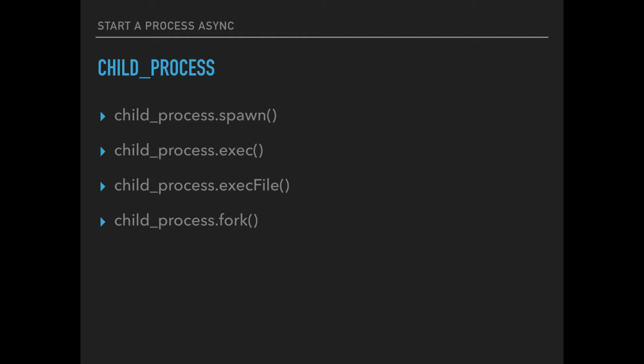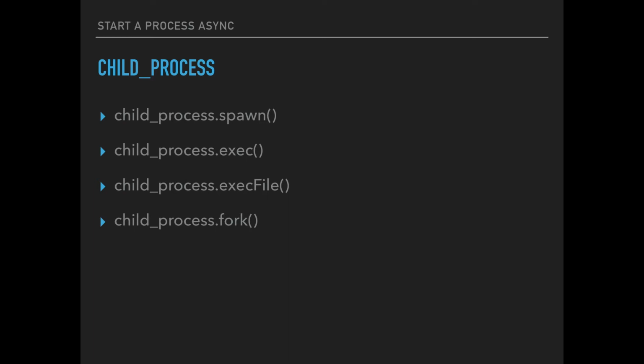Okay, so here we have four functions you can start child processes with. These functions are asynchronous, meaning that the parent program will not be waiting for these child processes to terminate before the parent process terminates. So the functions are child_process.spawn, exec, execFile, and fork.